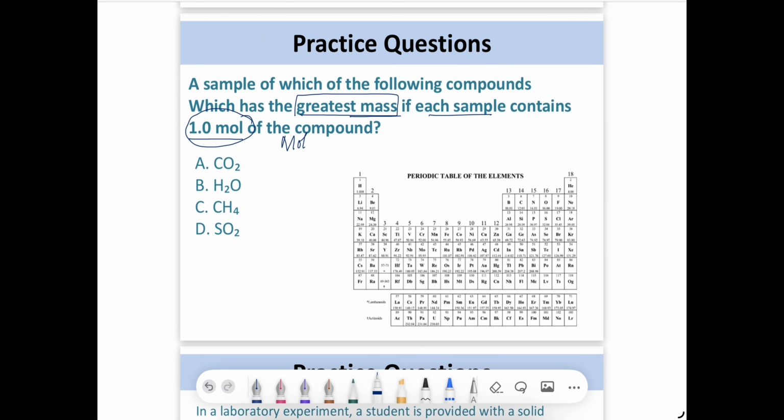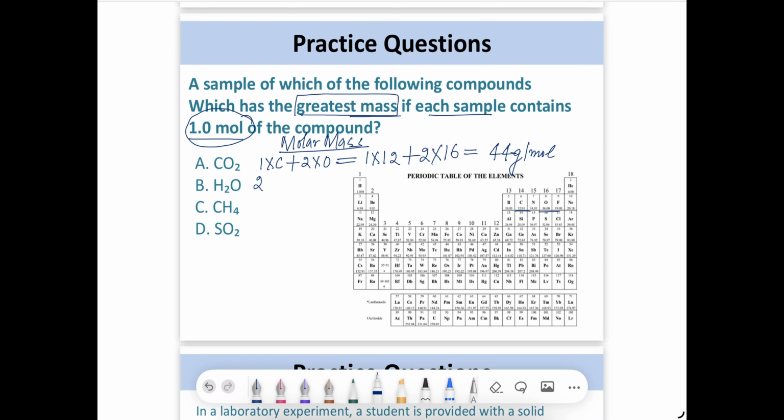Technically we are finding the molar mass. All of you can see carbon, 1 times carbon plus 2 times oxygen. Plug in the value of carbon. Carbon is 12. You can look here. Plus 2 times oxygen. Oxygen is 16. So it comes out to be 44 grams per mole.